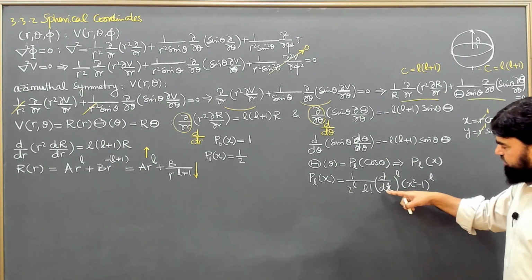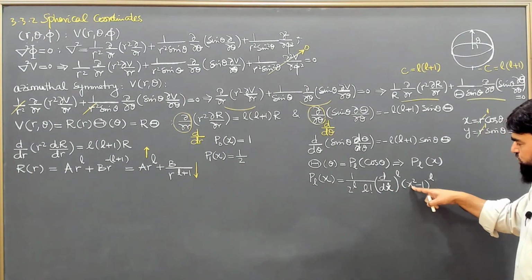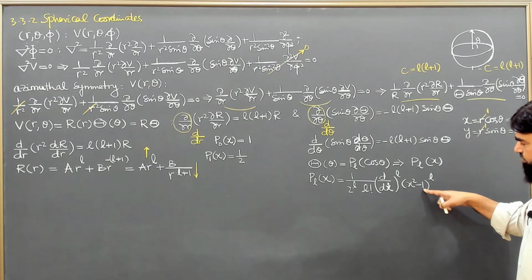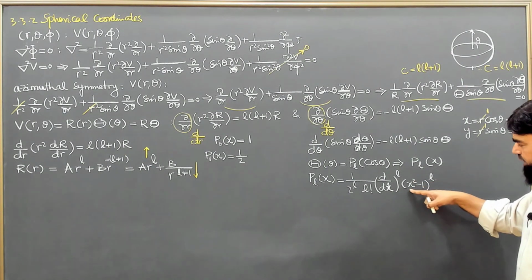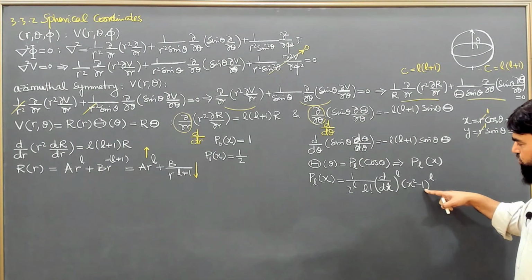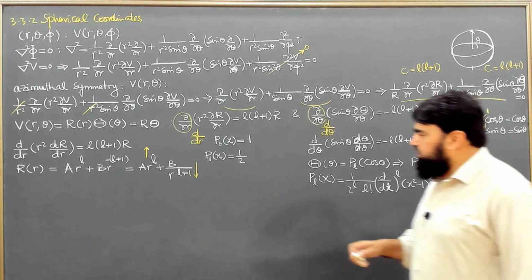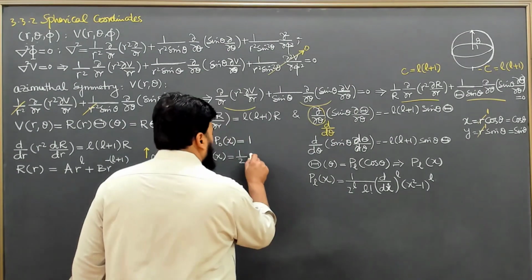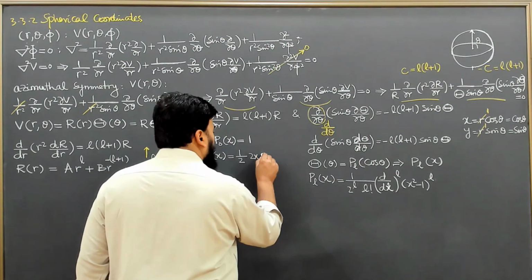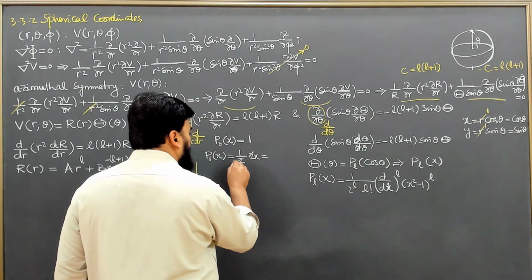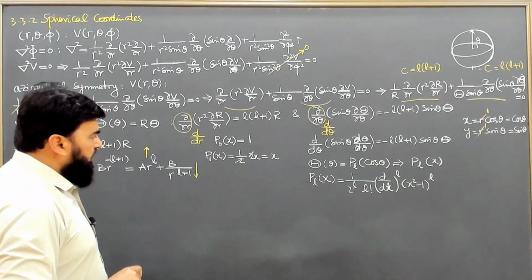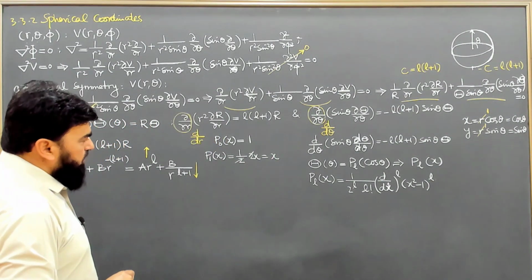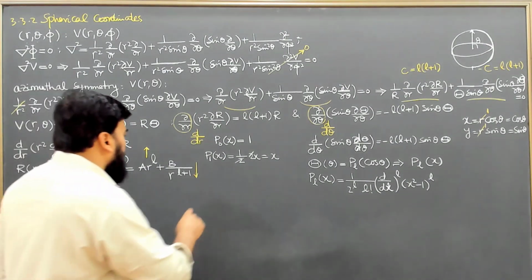So it is the first order derivative of x square minus 1, and the first order derivative of x square is 2x, and this one is 0. So we are having 2x here, then 2 is gone with 2, and we are left with x. So P1 of x is equal to x.